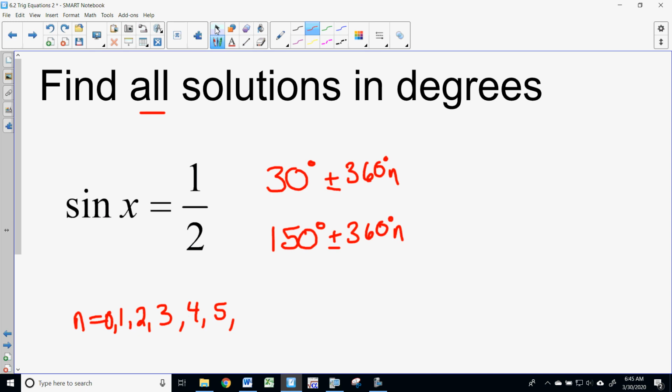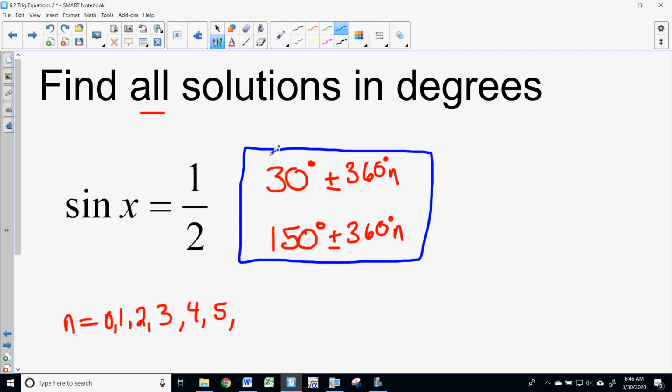So our n just represents, and we don't need to write this down, but this is just to refresh our memory, this n is just going to represent these numbers, 0, 1, 2, 3, 4, 5. So when you think about it, you could have 30 when n is 0. If n is 1, that would be 390.